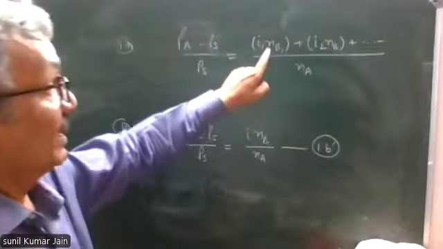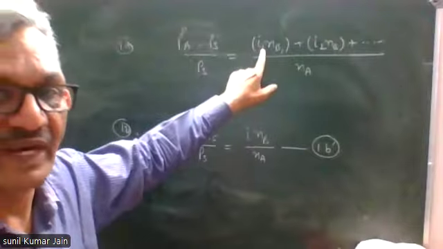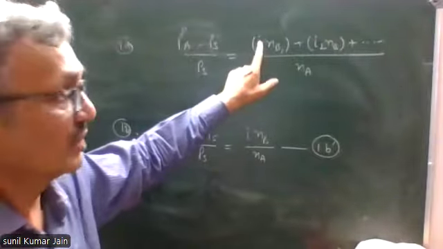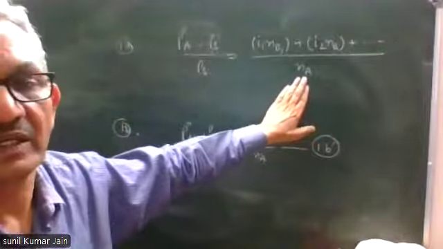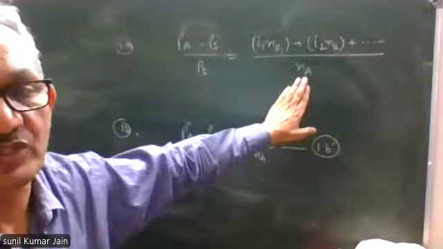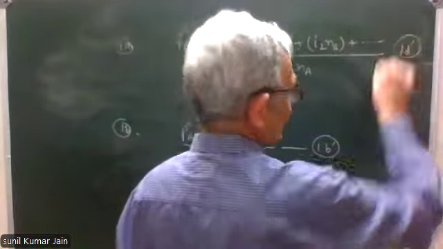What's that? Number of moles of solute multiplied by van't Hoff factor of that solute, added for every solute like this, divided by number of moles of solvent. So this becomes 1D dash.